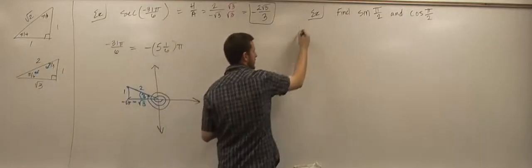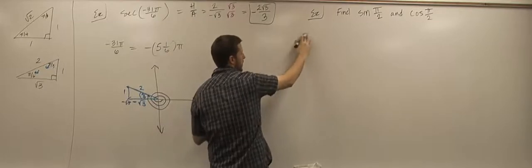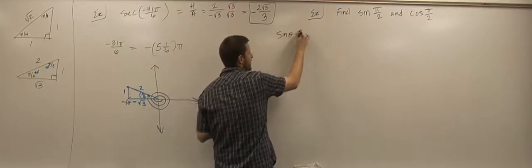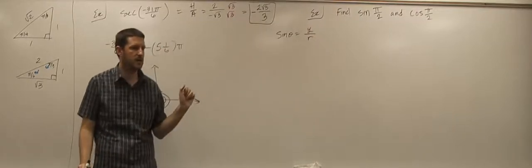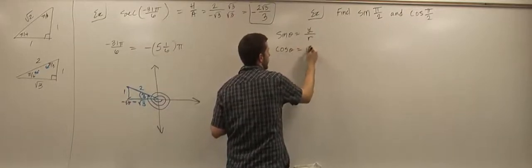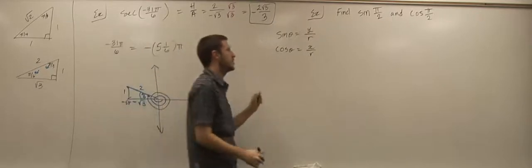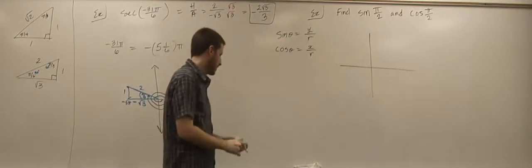You didn't actually have to have a triangle. We just made a triangle because it made sense to me. But really, sine of theta has a definition that has nothing to do with a triangle, y over r. And cosine of theta is x over r. That's our definition. And we can apply that in this situation, even though we land on the y-axis.